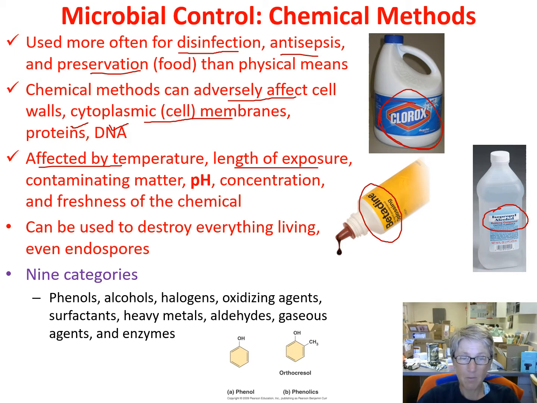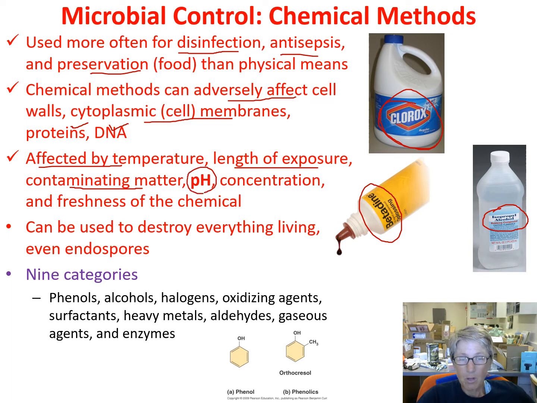So the time of exposure of the bacteria to ethanol would be 15 minutes. Also, chemical methods are affected by the contaminating matter. So, is the contaminating matter vomit, or like I said, some culture media with bacteria in it?